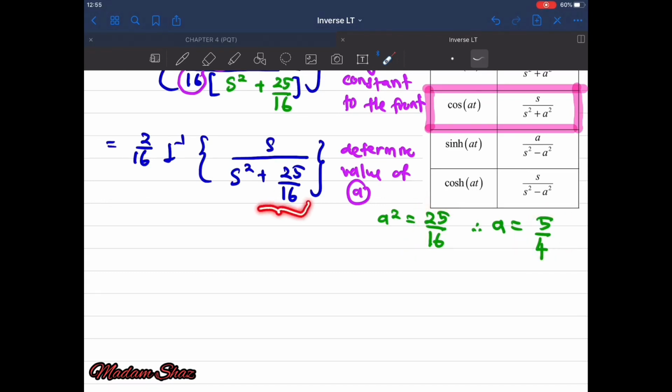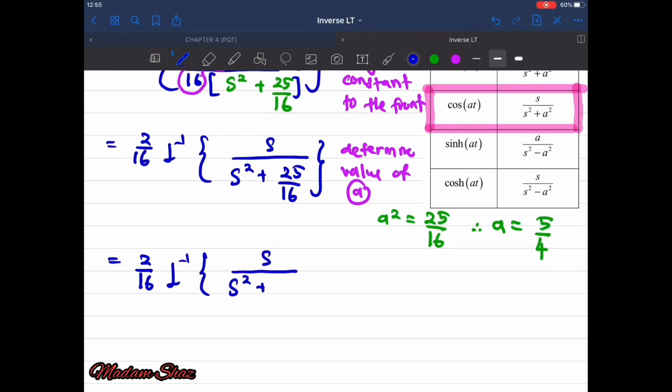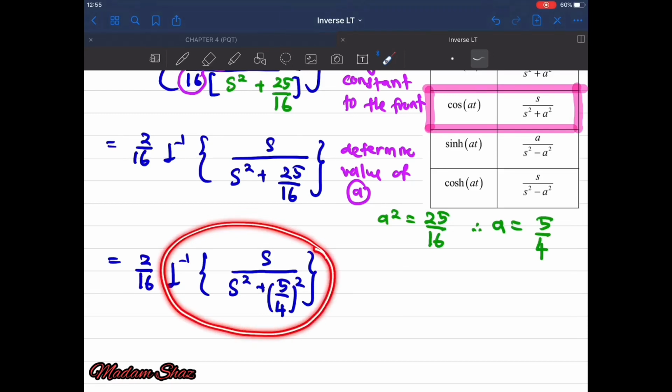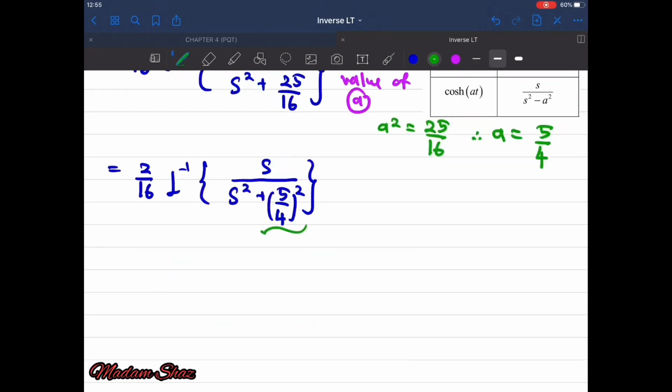Now you have to write this back in terms of s over s square plus a square. 2 over 16 Laplace inverse of s over s square plus 5 over 4 square. This one, s over s square plus 5 over 4 square, will result in cos of at, which gives you cos 5 over 4 t.